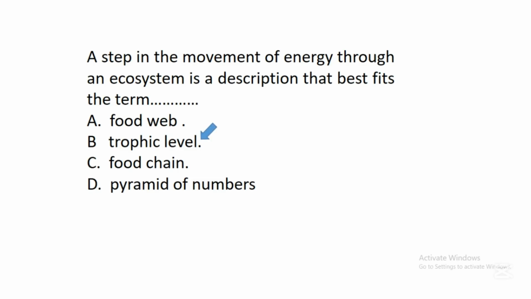This trophic level is the feeding level. It is regarded as the feeding level in every food chain. For instance, if four organisms make up a food chain, each of these feeding relationship is known as the trophic level.